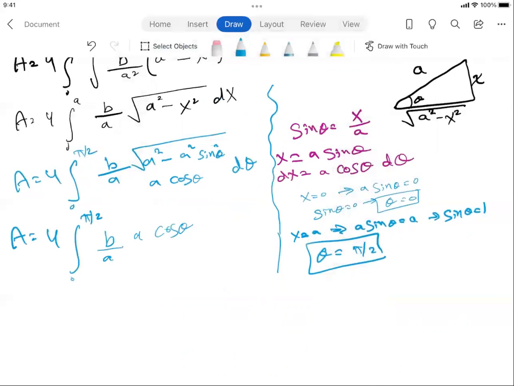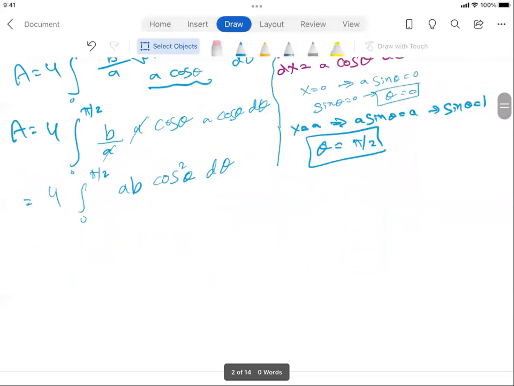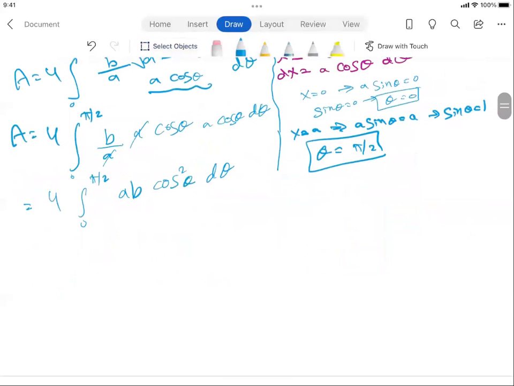And I have another cosine here, which is another a cosine of theta d theta. Then a with a cancels out, the integral from 0 to pi over 2 of ab cosine square of theta d theta. Well, I guess now this is in a form that we can easily integrate.